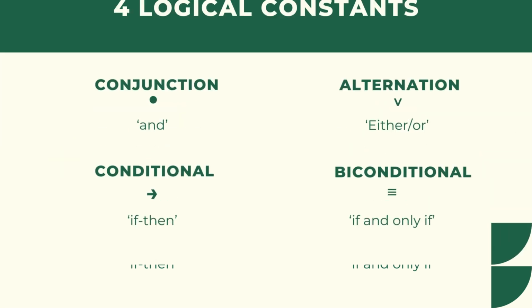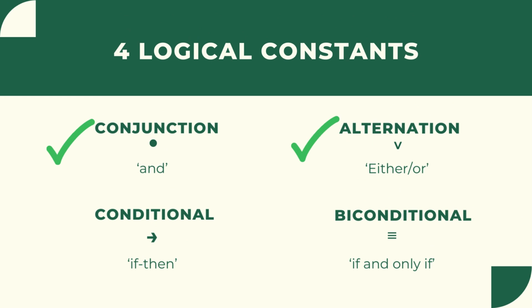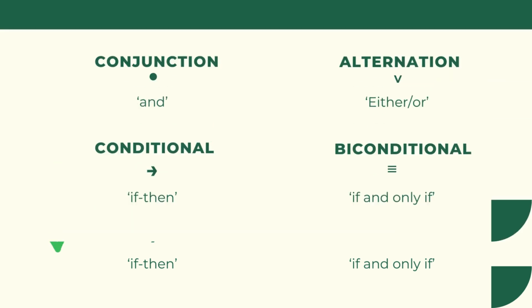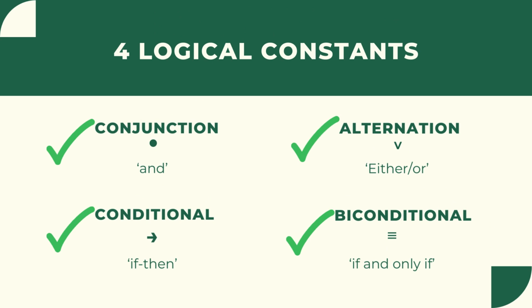Next, we have the alternation, often called disjunction, which is the opposite of conjunction and implies the phrase either or, symbolized by the letter V. The third logical constant is the conditional, represented by the symbol pointing to the right and implied by if and then. Lastly, we have the biconditional, denoted by the if and only if symbol, represented by three stacked lines or usually an arrow pointing in opposite directions.